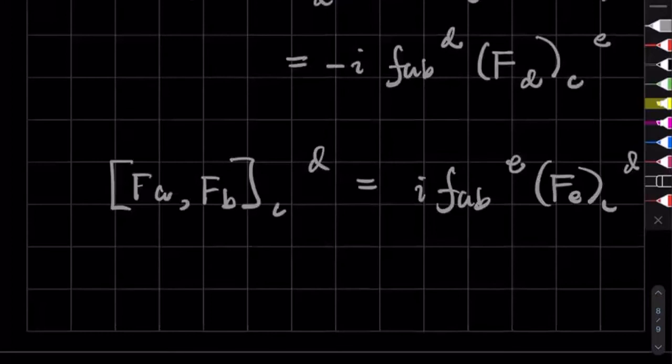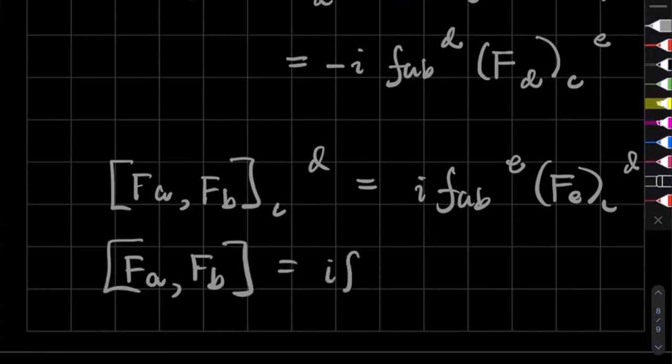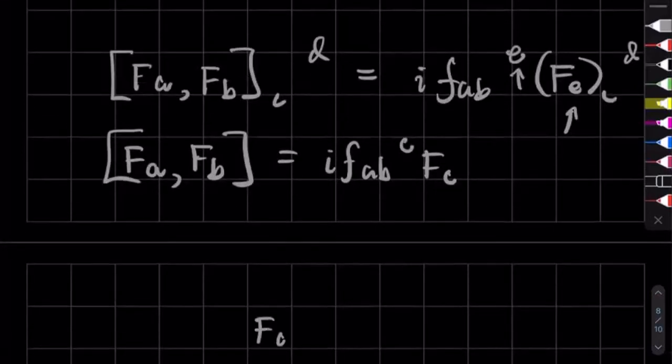So now we can get rid of the indices of the matrices, then this equation becomes the commutator of f_A and f_B is equal to i f_ABC f_C. This is a dummy index, so I can change it. So thus we see that the prescription that (f_A)_BC is minus i f_ABC does satisfy the Lie algebra, and therefore this is a bona fide representation.